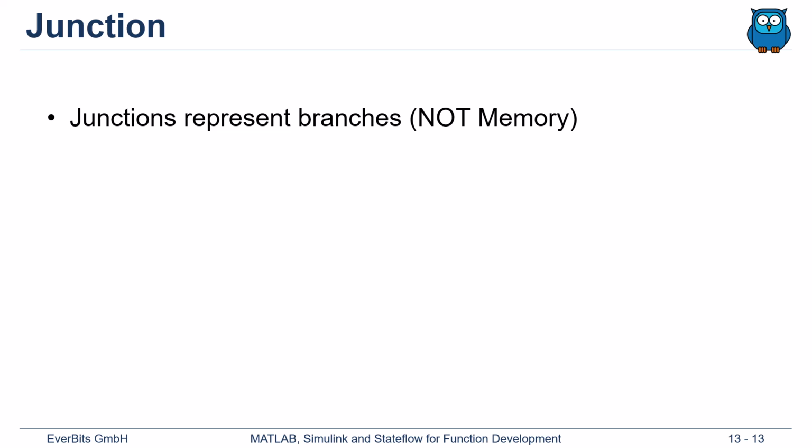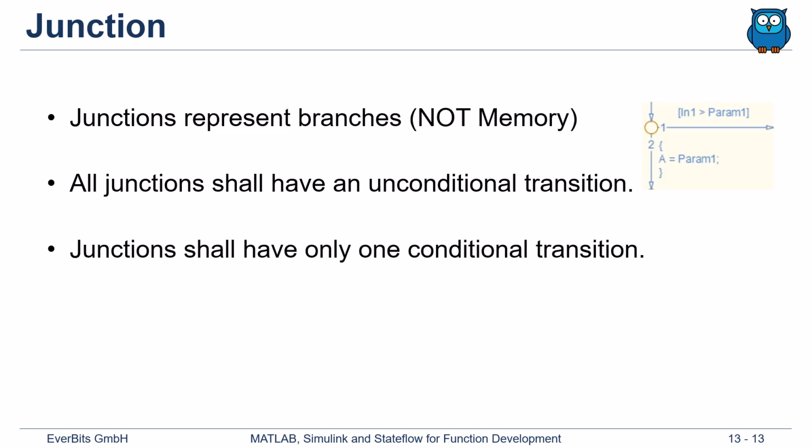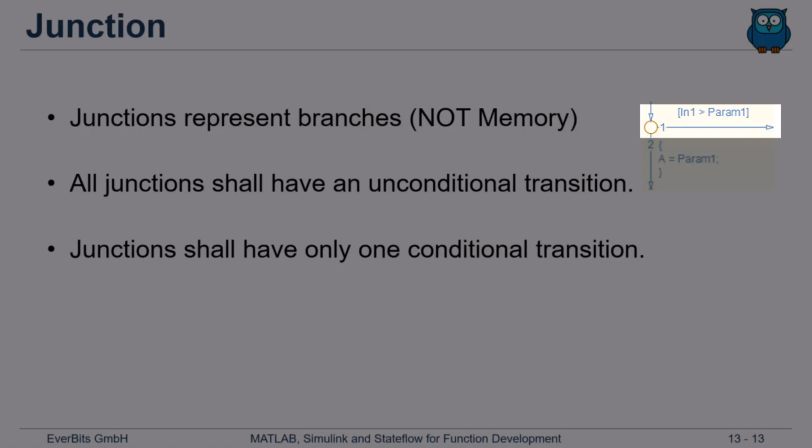So what about the junctions? Again, junctions, these bubbles that we have been talking about, which connect the transitions, they represent branches, not memory. And all junctions shall have an unconditional transition. So if you look at this one picture, the first transition that will be executed that goes out of the orange junction has the condition in1 is bigger than parameter1.